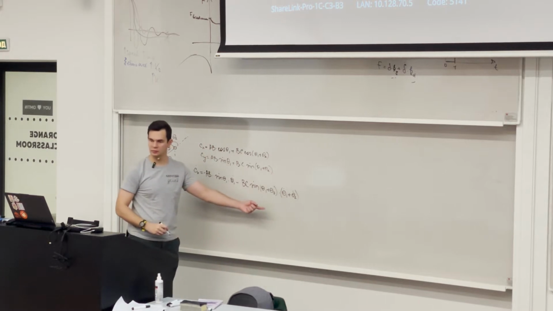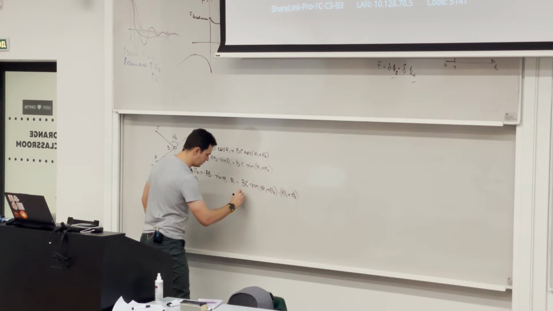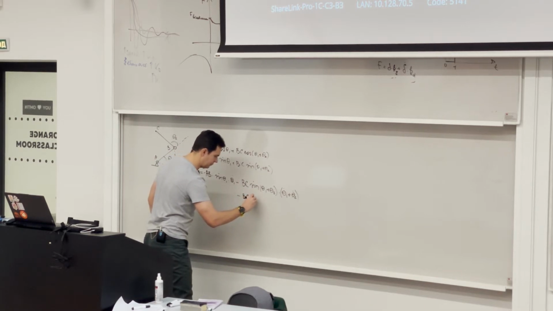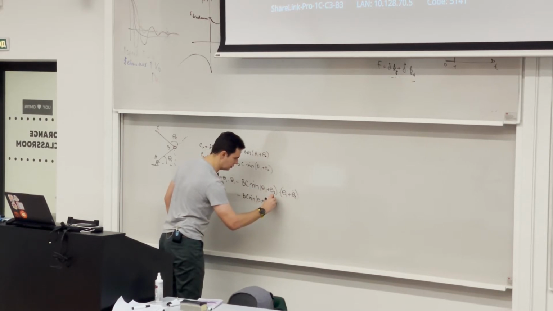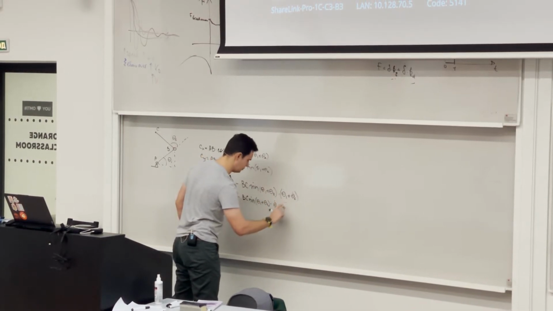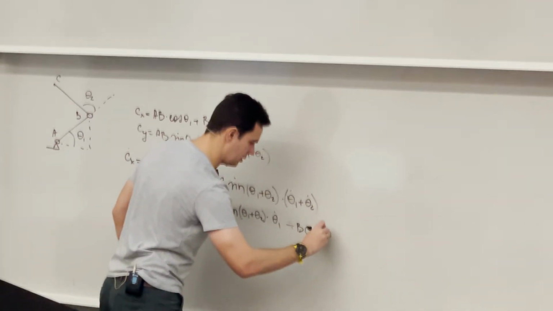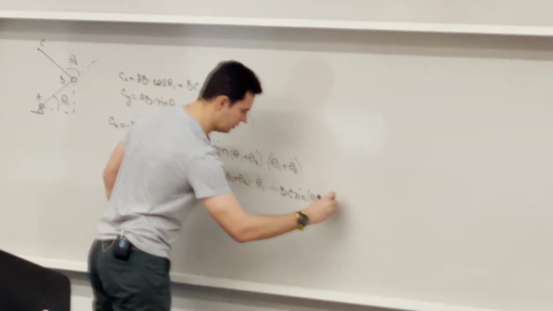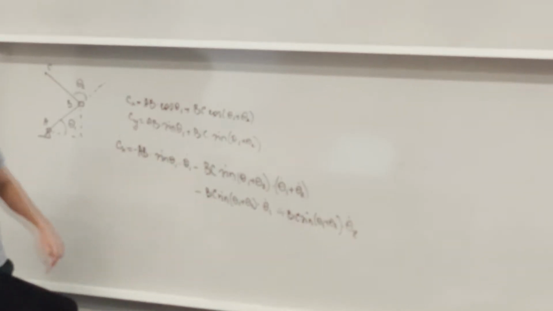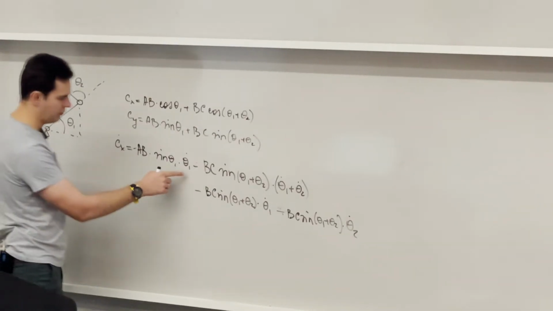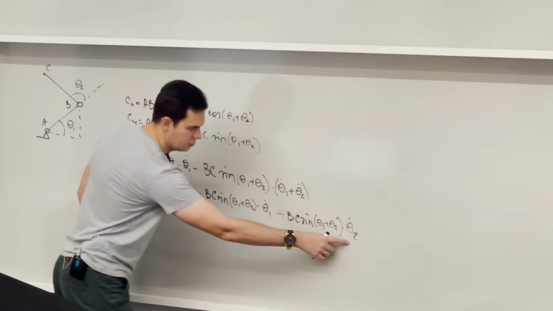Do you agree? Now, instead of this, we can write minus BC sine of θ1 plus θ2 times θ1 dot plus, actually minus BC sine of θ1 plus θ2 times θ2 dot. Do you agree? Okay. So here you can see we have θ1 dot here, θ1 dot here, and θ2 dot here.